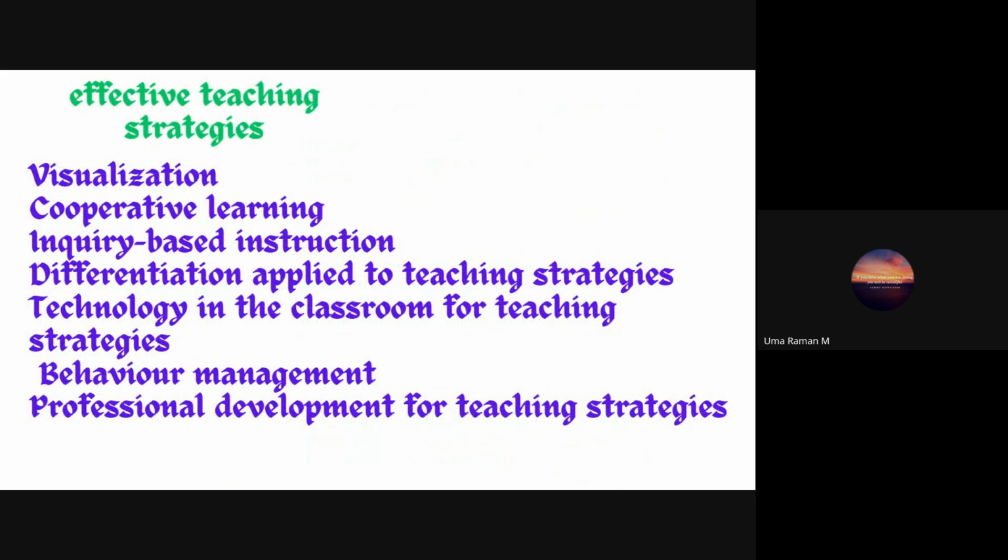If you look out, there are a lot of effective teaching strategies available. We connect with a lot of people and we try to understand because each day we have a methodology given. So there are a lot of teaching strategies which are coming up day by day, based on the needs of the students, based on the environment.